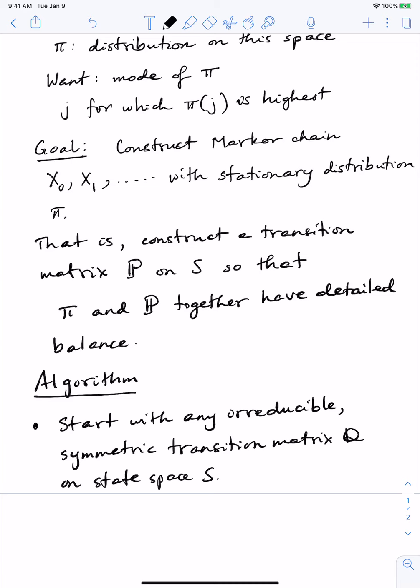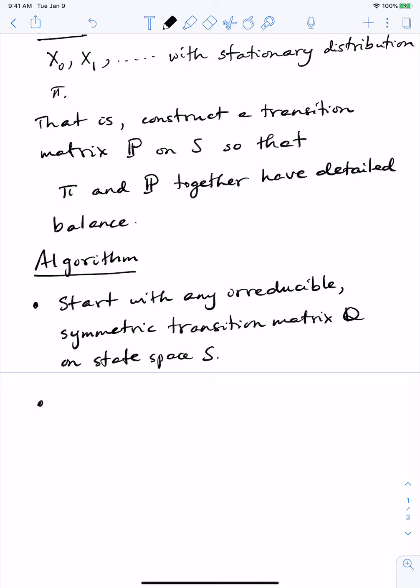So let's now describe the transition behavior of the chain that we're constructing. So supposing your chain is at decoder i, then how do you move at the next step? You go to the ith row of Q. You just pretend that Q is your transition matrix.